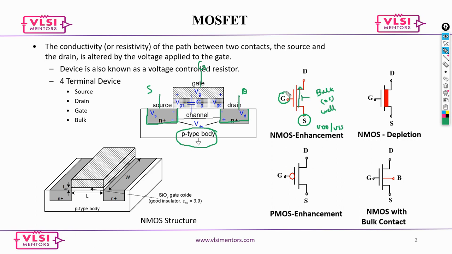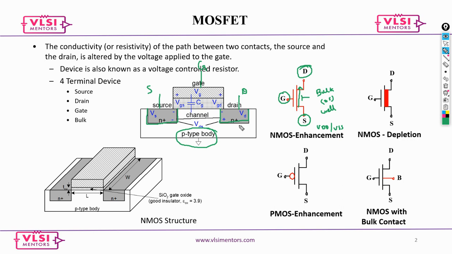And drain is the controlled terminal. So when you turn on the transistor, your drain gets charged, or the drain gets discharged, depending on your source potential.